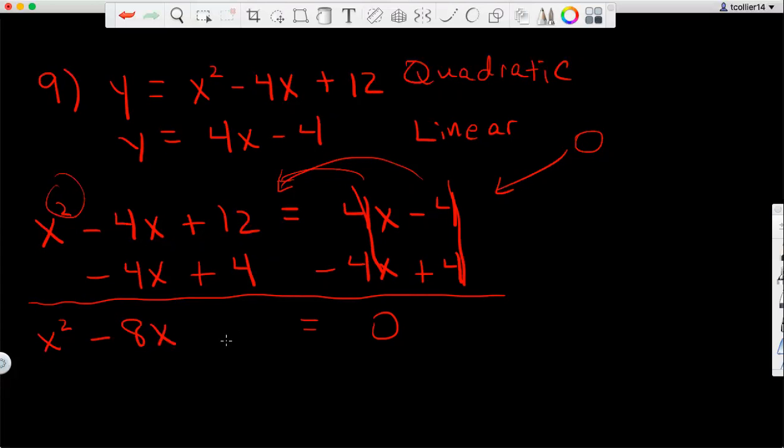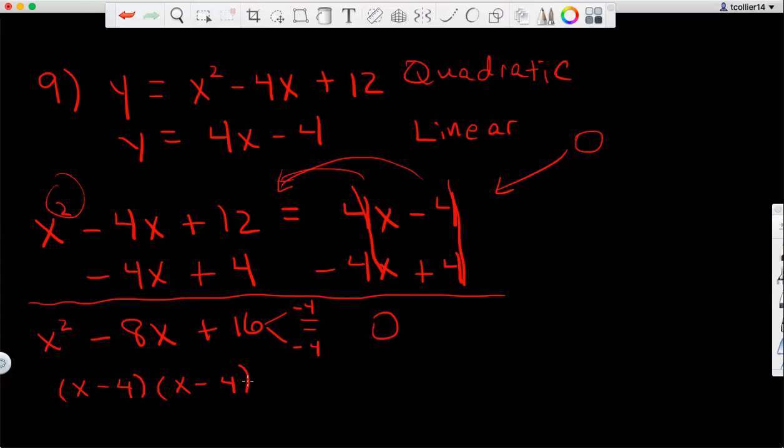And these numbers right here are going to give me 16. Okay, so now I've got something that I can factor. I want to multiply to 16, but add up to negative 8. That can be done using negative 4 and negative 4. So I can actually factor this as x minus 4, x minus 4.